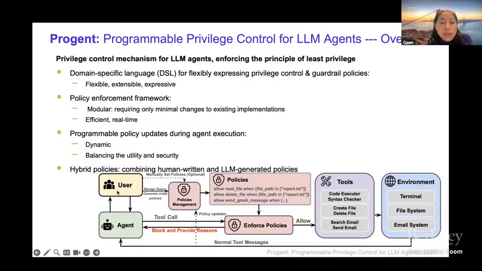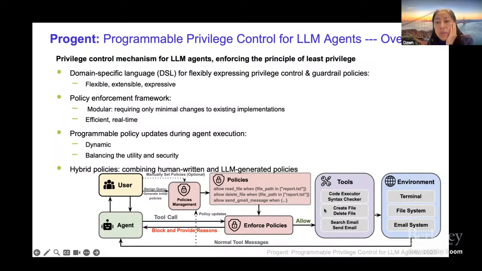From the user query, the agent will generate an action plan, which will perform tool calling. And then the policy enforcement component will observe the function tool calls. Based on the policy, it will decide either to allow the tool call, or if the tool call doesn't comply with the policy, it will block the tool call and also provide reasons.